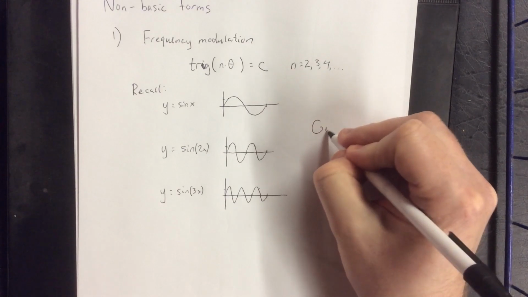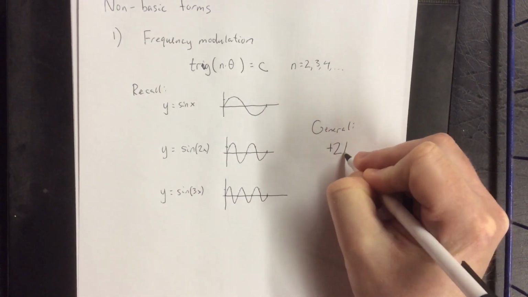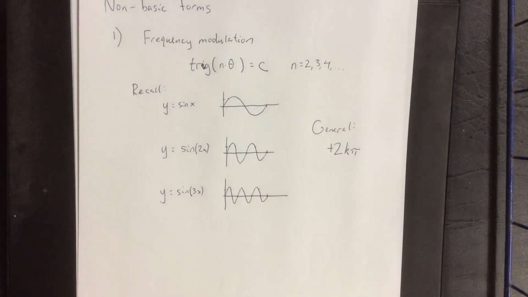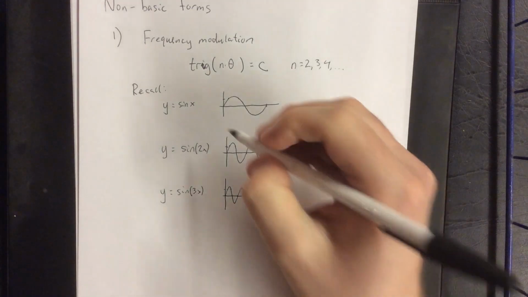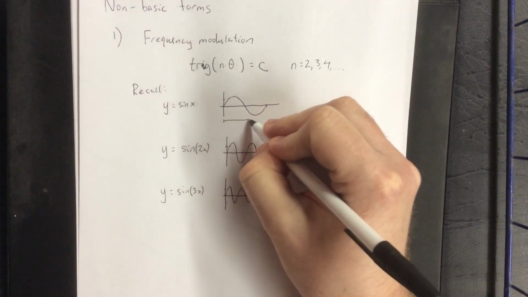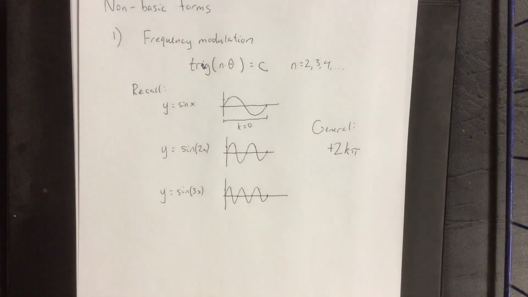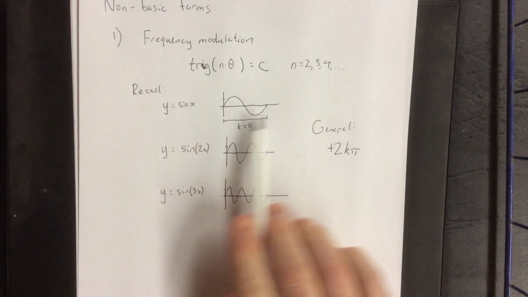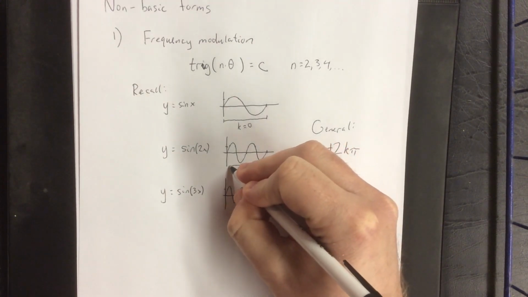Now, in the previous video, when we talked about the general solution, we talked about adding a plus 2k pi to this. The significance of the value of the k is referring to which period you're at within 0 to 2 pi. Now for the sine of x, that has no impact whatsoever, because there's only one period in there.